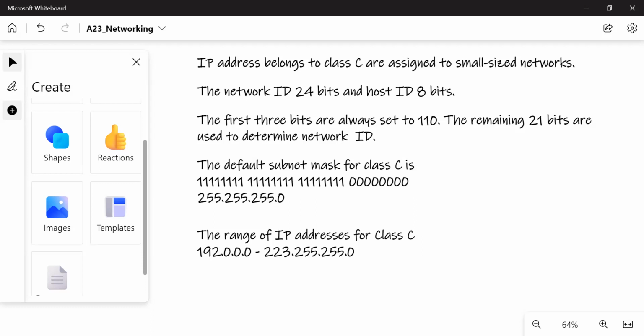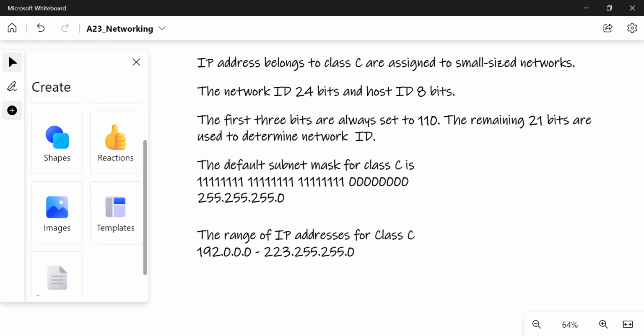Now let's talk about the number of host addresses. Earlier we discussed the equation that we could use for the number of hosts: 2 to the power of the number of bits for the host, and then we subtract 2.